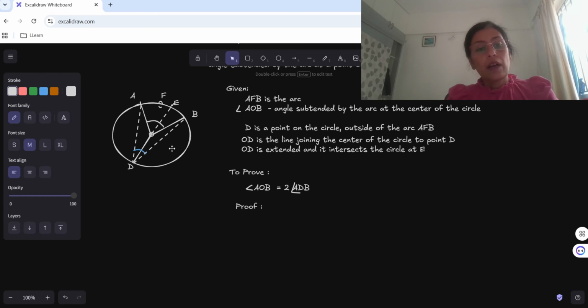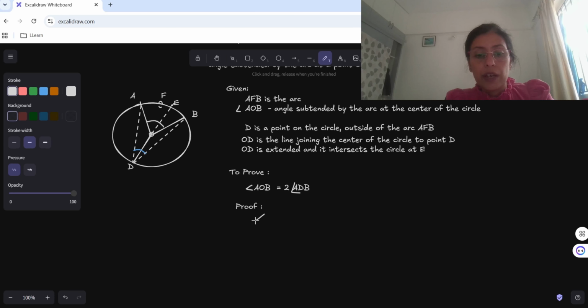Now here what we see is two triangles, AOD and BOD. Okay, let's first consider the triangle AOD.